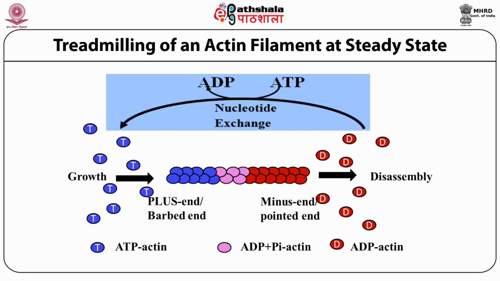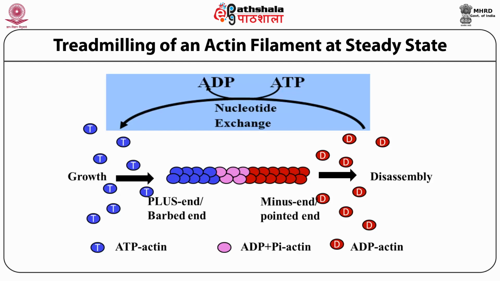Then the actin stays as ADP-Pi actin. But the transition state of ADP-Pi will not stay for long, and the Pi is dissociated from the actin. At the other end, the ADP-actin stays, and from the minus end, which is also the pointed end, the ADP-actin slowly dissociates.